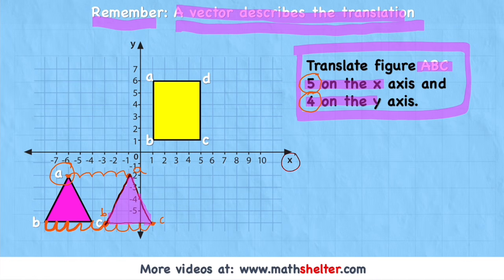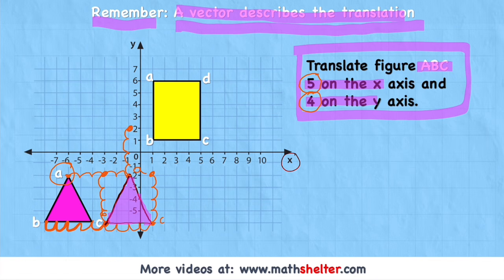But I haven't finished because it said I need to move 4 on the y-axis. So now what I have to do is look on my y-axis and again move point A, 1, 2, 3, 4. So the top of my triangle would be just here. Then I would move point B, 1, 2, 3, 4. And point C, 1, 2, 3, 4.